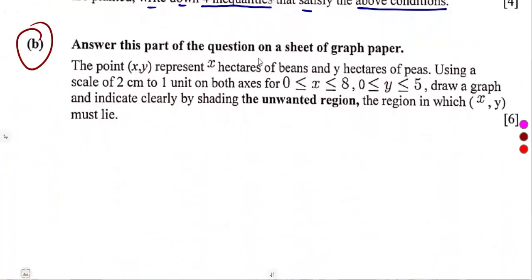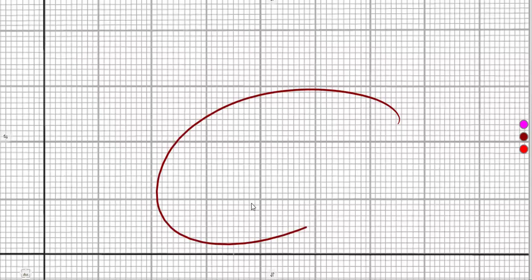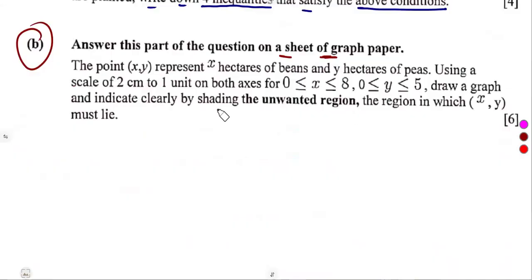Answer this part of the question on a sheet of graph paper. This part must be done on a sheet of graph paper. Okay, so let's see the information. The point (X, Y) represents X hectares of beans, as we are given before, and Y hectares of peas.